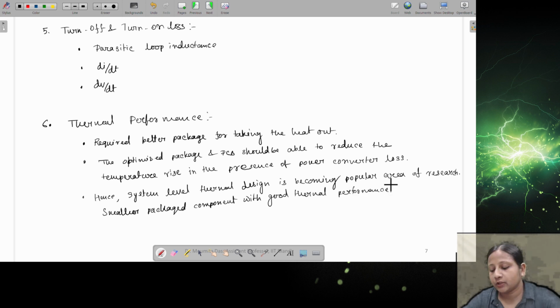Probably people can look for the material or the connection, how it is done, so that this can be taken care of.